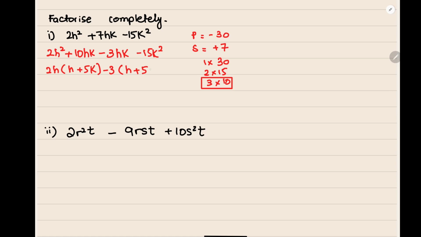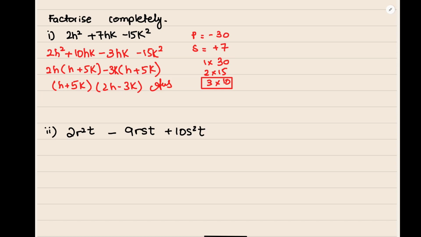Yeah, the left k squared. So I have to take 3k common, so negative 3h plus 5k. So I can take h plus 5k common, and then 2h negative 3k. This should be my answer.